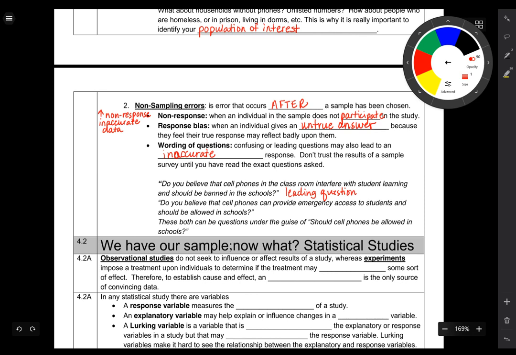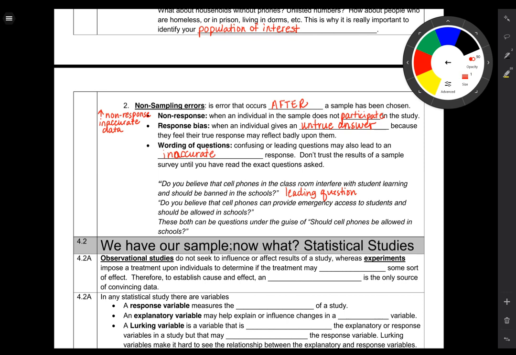Just the way it's worded, do you believe? Basically, it's saying that cell phones are interfering with student learning. We've put all this money into education, and students need to be focusing. They should not be allowed to have cell phones in school. They should be banned. So that's basically leading someone to think a certain way.